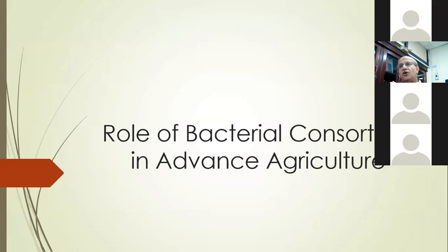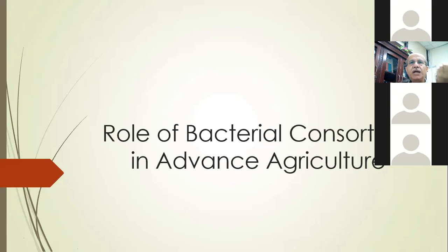So instead of having the beneficial effect of only one bacterium, you have 2-3 types of bacteria which can live together and have separate effects. For example, one is solubilizing phosphorus, other is solubilizing potassium, other is producing antibiotics. So you combine all these 3 bacteria and prepare a product.